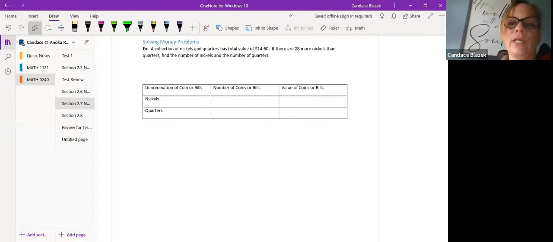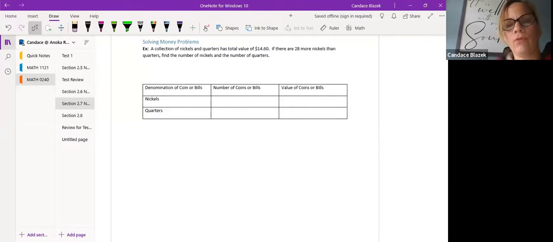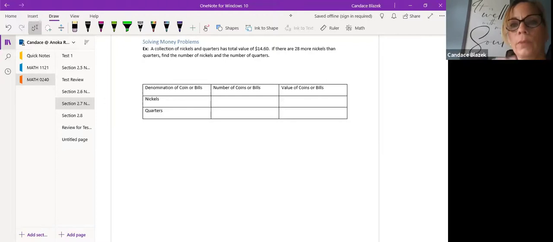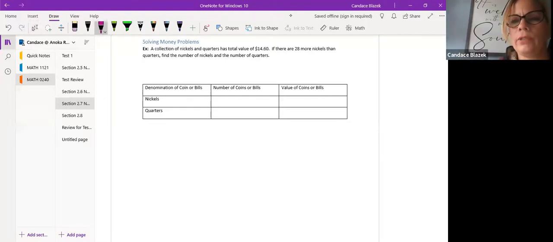A collection of nickels and quarters has a total value of $14.60. If there are 28 more nickels than quarters, find the number of nickels and the number of quarters. Okay, well, what are we looking for? I am looking for the number of nickels and the number of quarters.